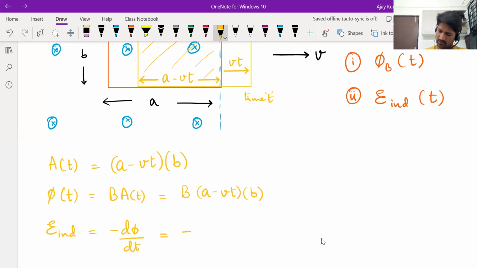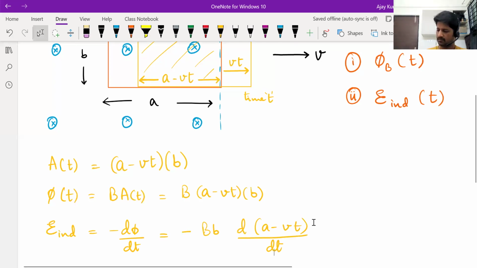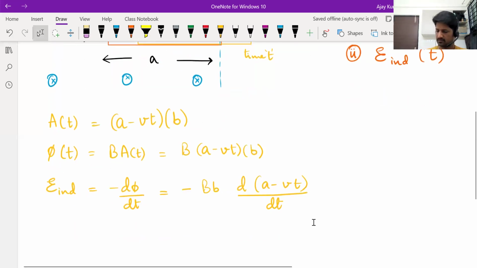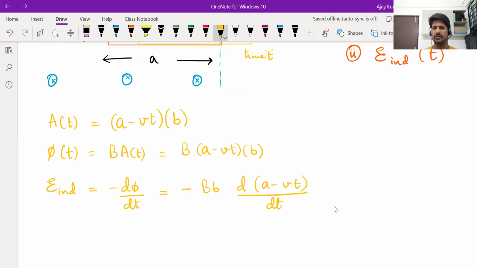Derivative of this. Now capital B, small b are constants. We'll put it aside. Multiplied with the derivative of A minus Vt with respect to time. What is the derivative of A minus Vt, where A and V are constants? Time t is the only variable.